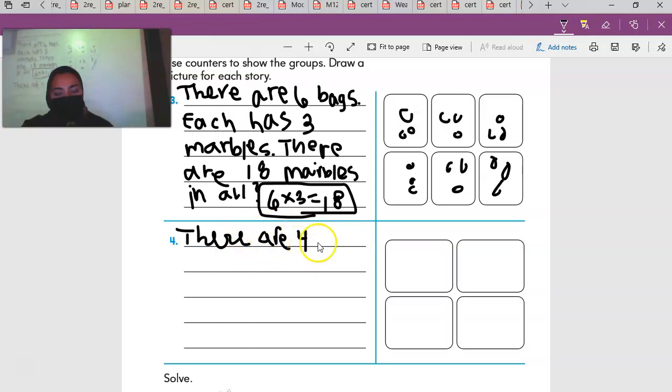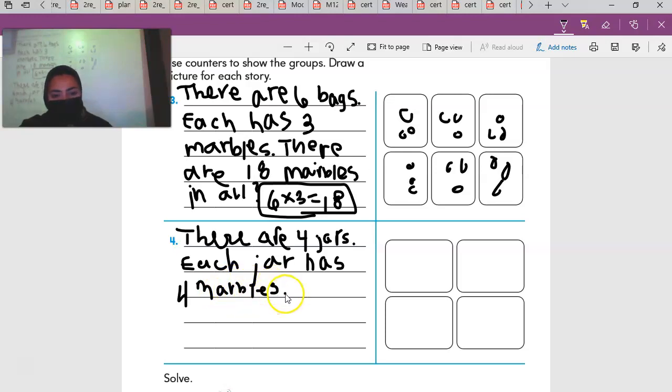Each jar has 4 marbles. Each jar has 4 marbles, okay? But you have to answer the question, so how many? There are 4 jars. Each jar has 4 marbles.